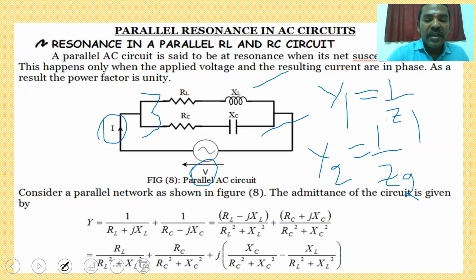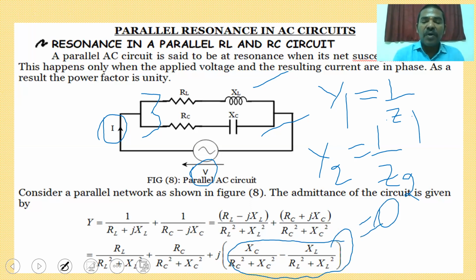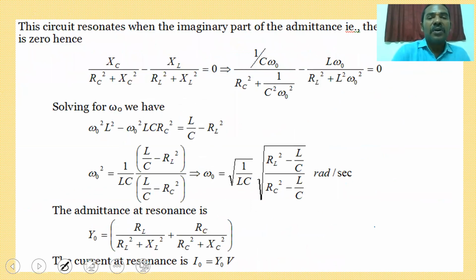Now this net reactance must be equal to 0. If you substitute, you get XC divided by (RC square plus XC square) minus XL divided by (RL square plus XL square) is equal to 0. What is XC? XC is 1 by C omega naught, and XL is L omega naught.